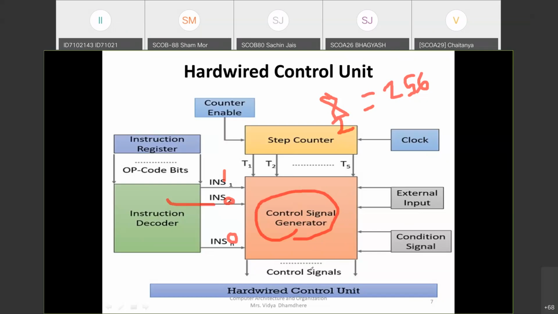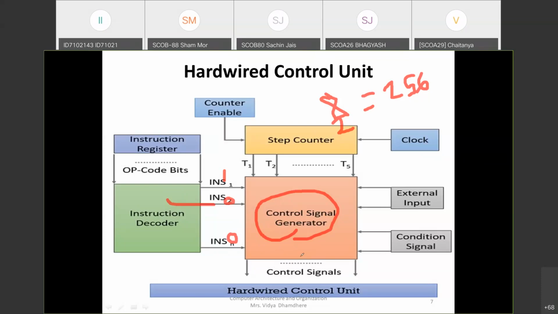Now we are moving to the next part, that is how it is going to generate the control signals. First, the control signal is generated according to whether it is related to particular operations, that is read write operations or memory read write operations.